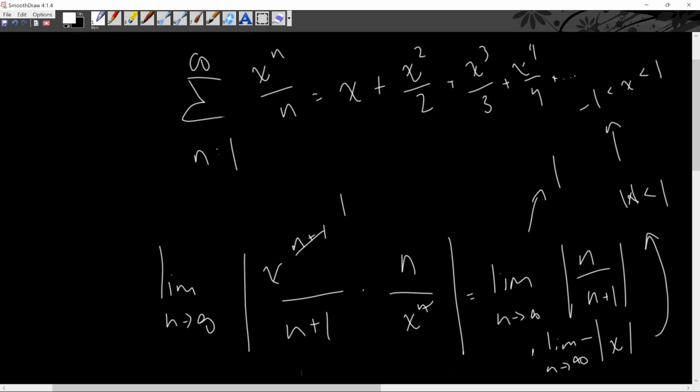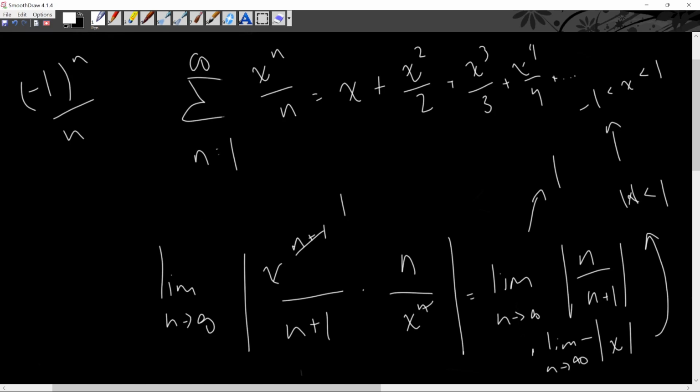So let's plug in -1 for x. So we have -1 to the nth power over n. Now, if you remember what we were talking about, harmonic series, 1 over n, this is an alternating harmonic series.